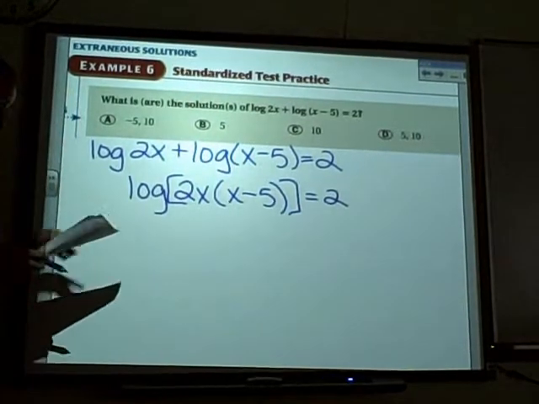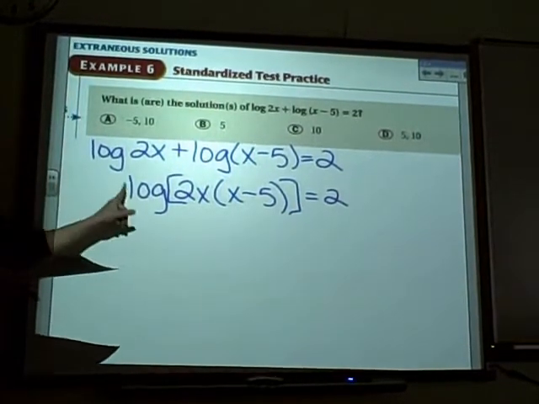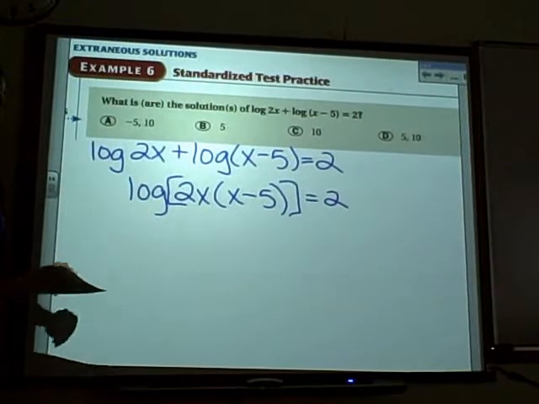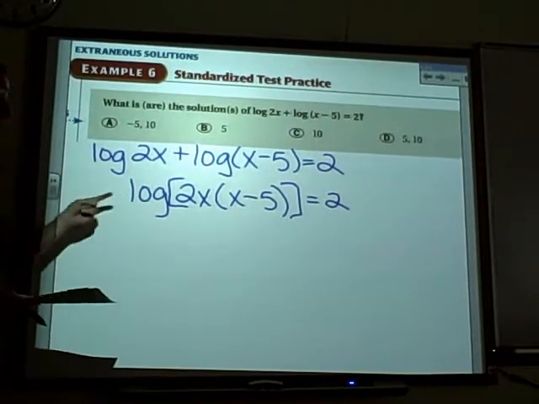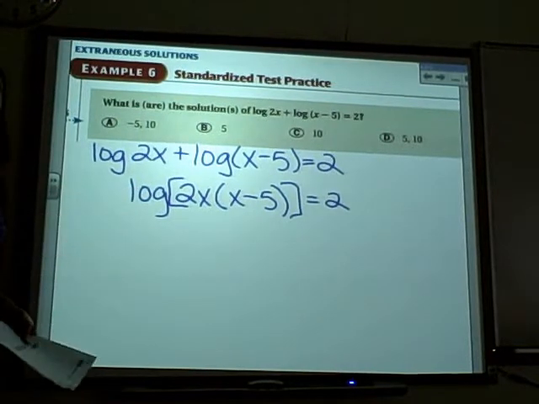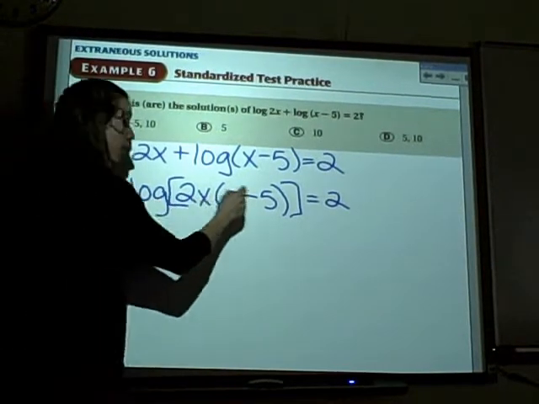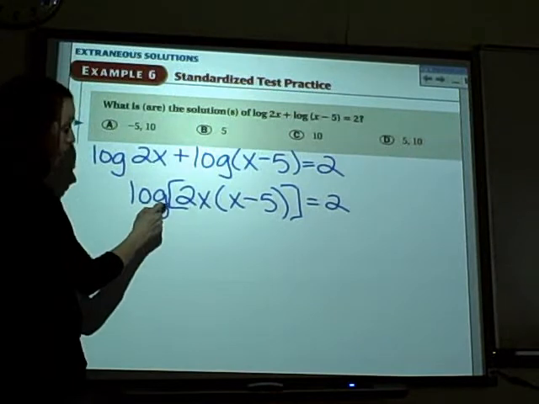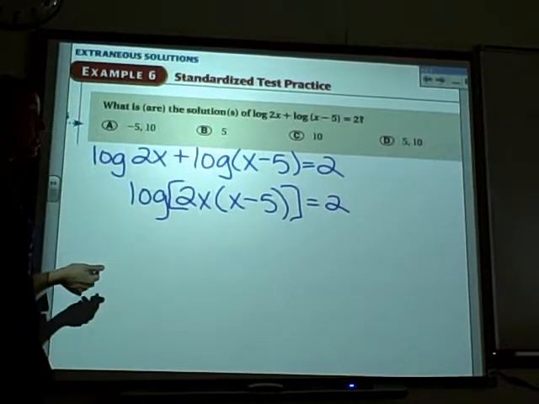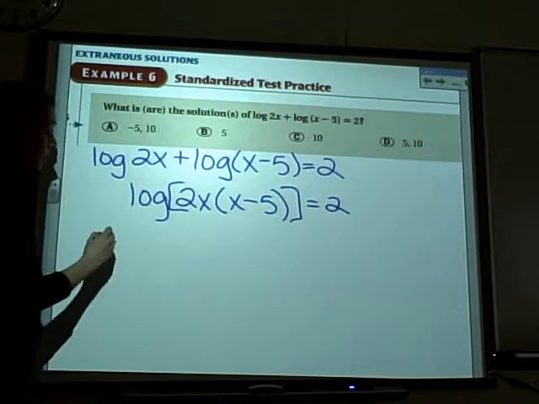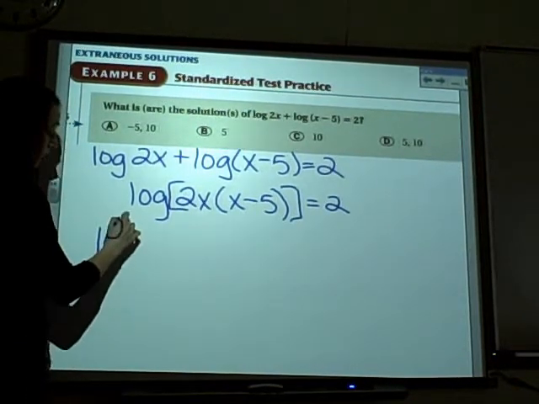Okay? So now we have 1 logarithm, base 10, of this. We're going to go back to our other strategy. We want to try and cancel out this logarithm so that we can work with the x's. How do I do that? I'm going to look at my base. My base is a base 10, even though it's not there. So I'm going to exponentiate it. I'm going to raise it.